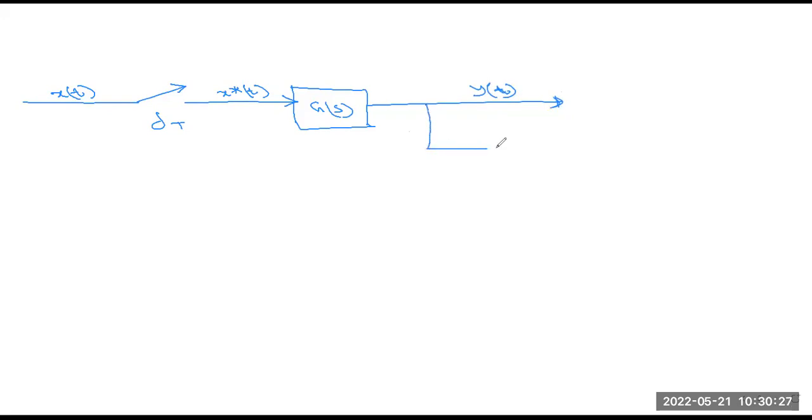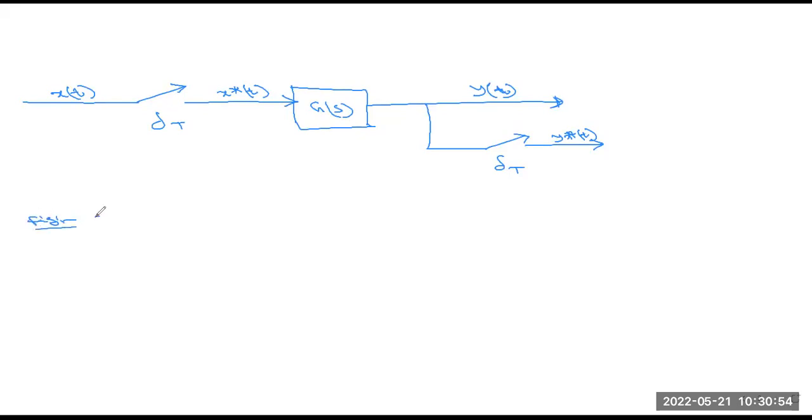Another output function has a switching operation attached from here, with delta T, giving y asterisk of t. So in this figure, the continuous time system G(s) is driven by the impulse sample signal.